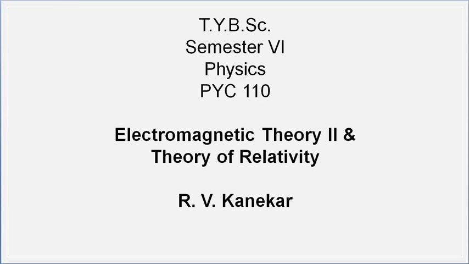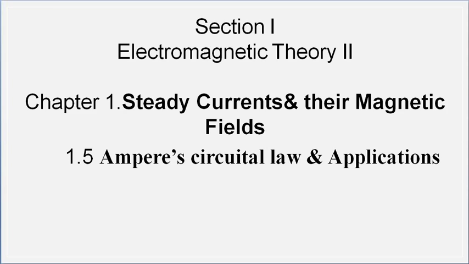Okay, I'll start with the lecture. So it started in the electromagnetic theory 2, chapter 1, steady current and then magnetic field. And we started with what is called Biot-Savart's law.